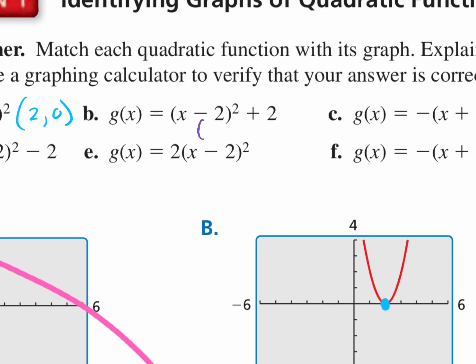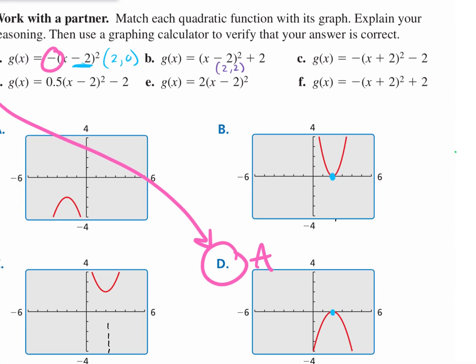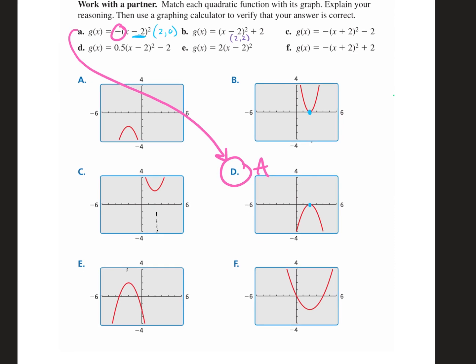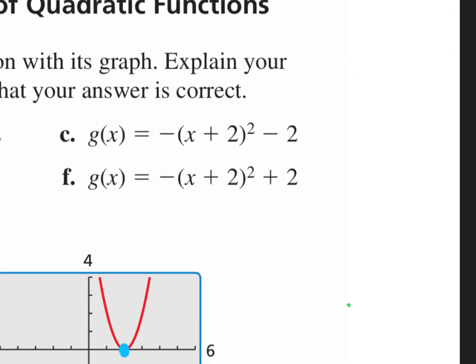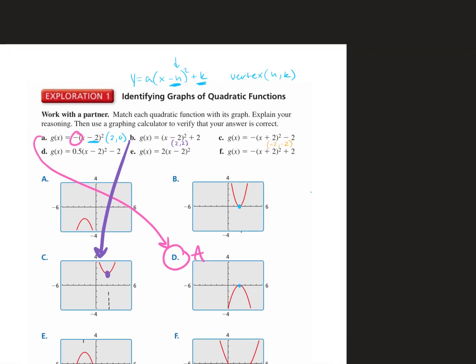All right, next let's look at B. My vertex for B would be (2, 2). Remember, we changed the sign of h. Which graph has the vertex at (2, 2)? I'm going to go to the right 2 and up 2. That would be C. Any other possibilities? Nope, just C. So B goes with C. Next, we're going to look at C. My vertex here would be (-2, -2).